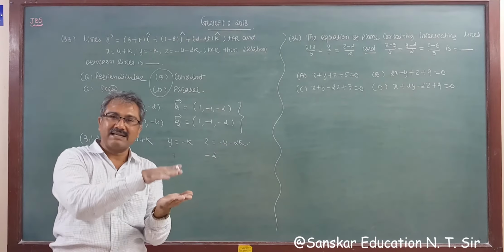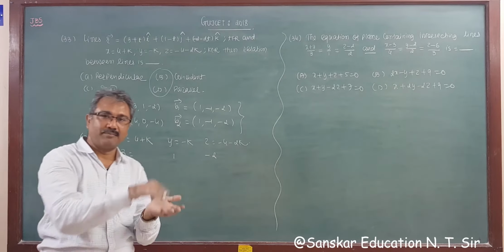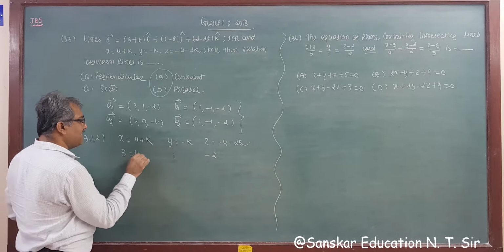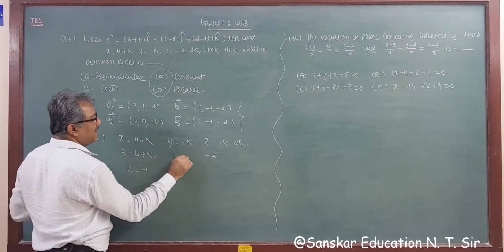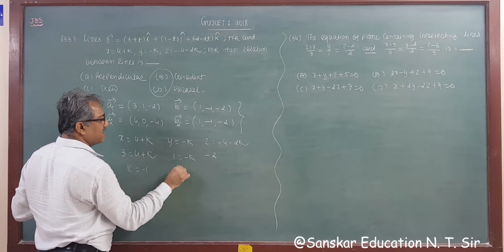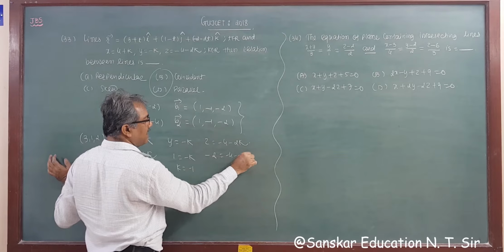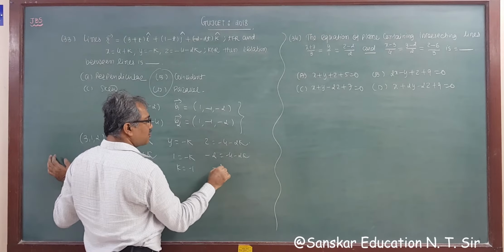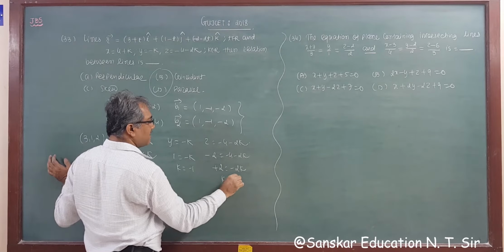Then we can say that the point lies on that line. So from this we get k equals minus 1. And from z, minus 4 minus 2k: 2 plus 4 is equal to minus 2k, so k is equal to minus 1.